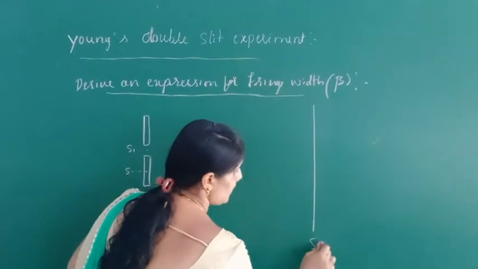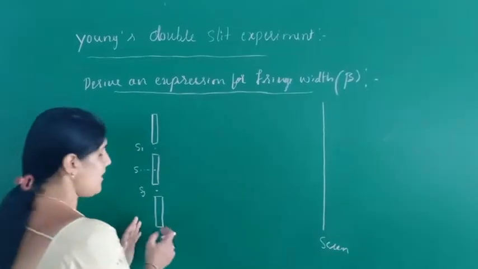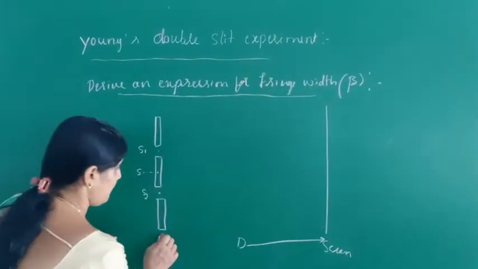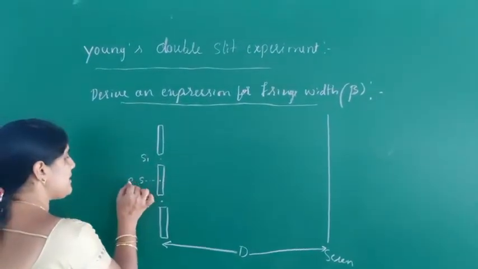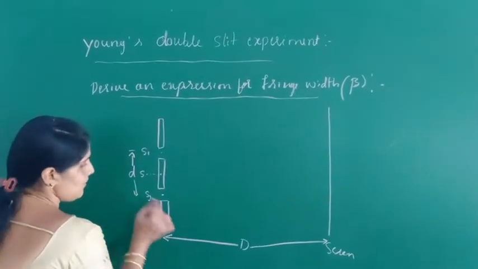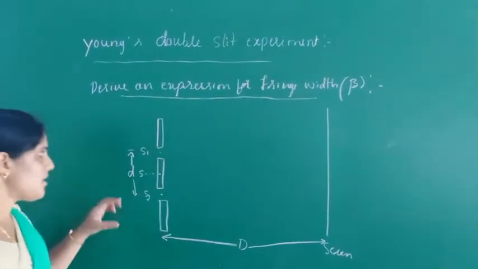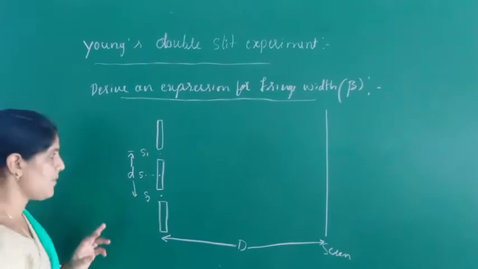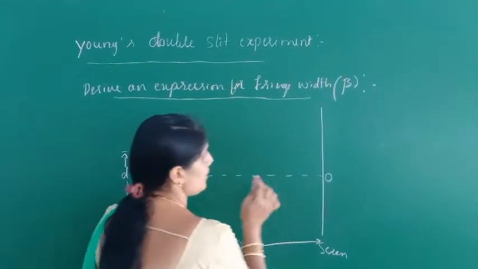The distance between the screen and the slits is capital D. The distance between the two slits is small d. Don't confuse this capital D with small d. Capital D is the distance between the screen and slit, and small d is the distance between the double slits. Let us call this point on the screen O.